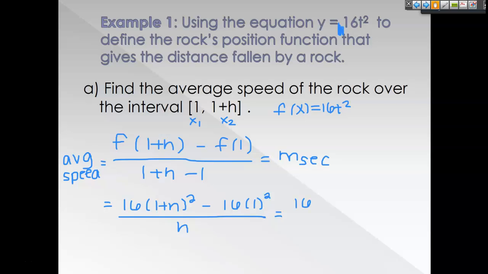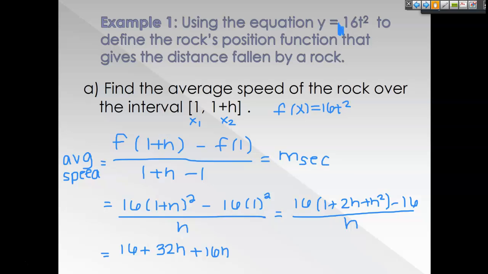So you get 16 times (1 plus 2h plus h squared) minus 16 all over h. So your 16s cancel, your h cancels, and we get 32 plus 16h.